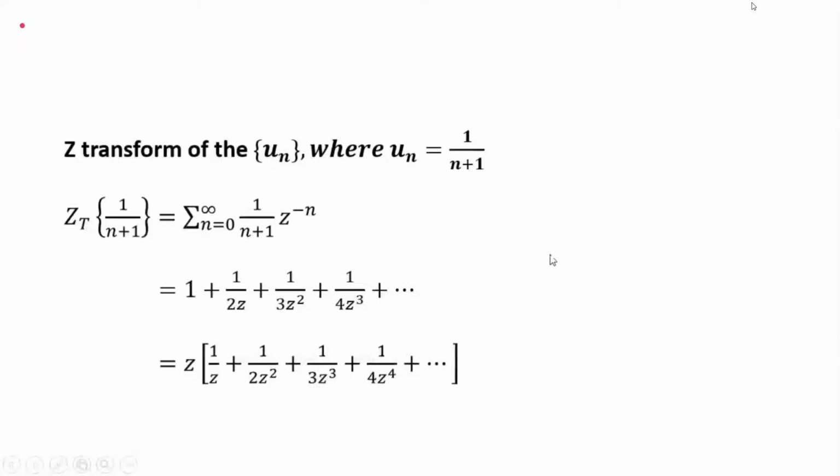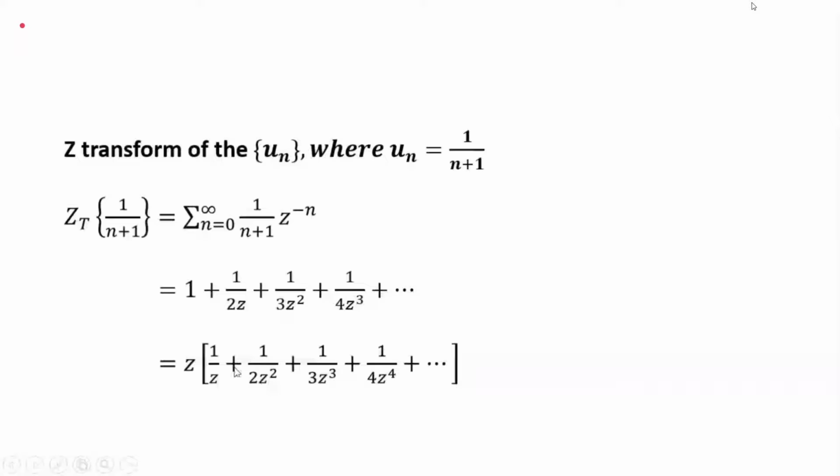Take out z common. So what you have is z times 1 plus 1 by 2z plus 1 by 3z squared plus 1 by 4z to the power 4 and so on.